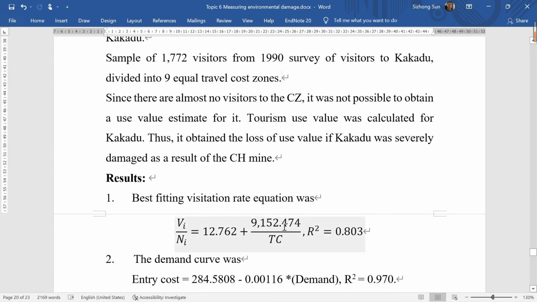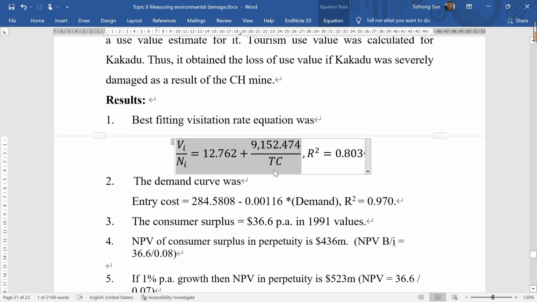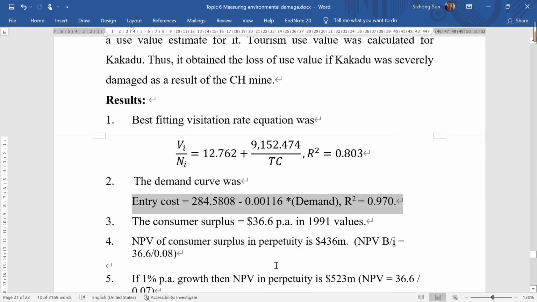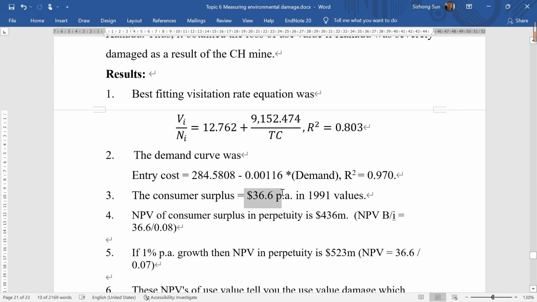So the equation they fit is this. And they estimate the demand function. This one, consumer surplus, $36.6 per annum in 1991 values, and the NPV of consumer surplus in perpetuity is $436 million.